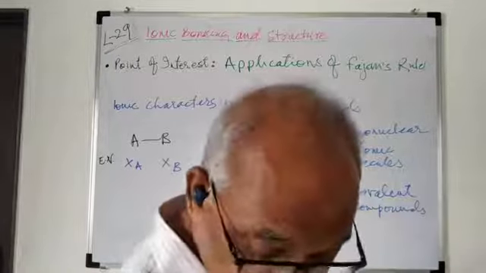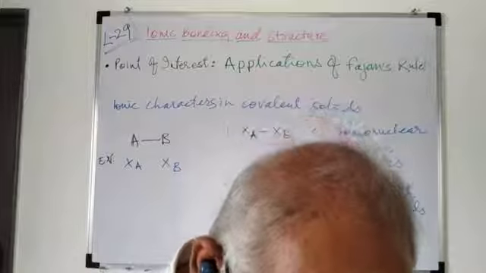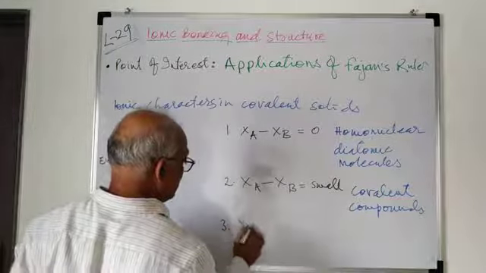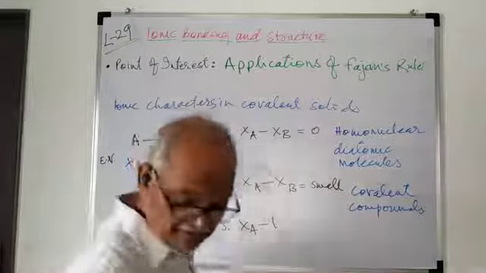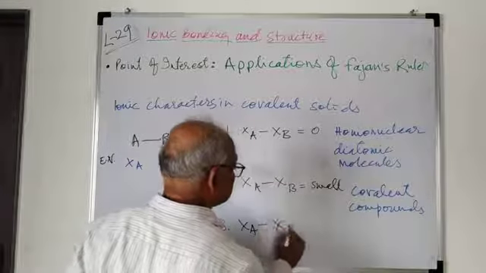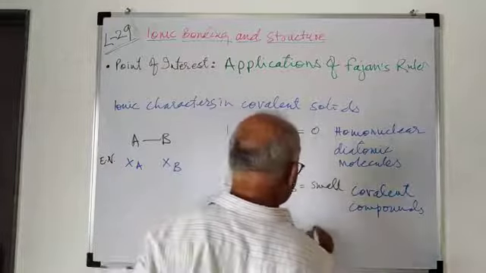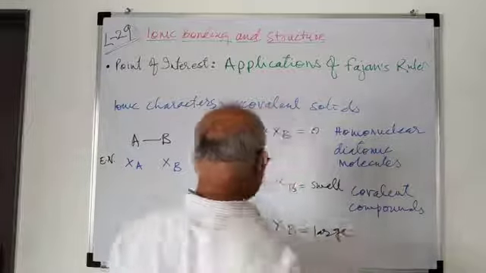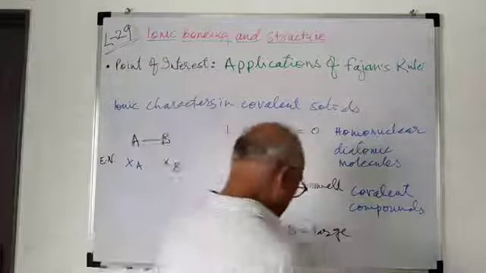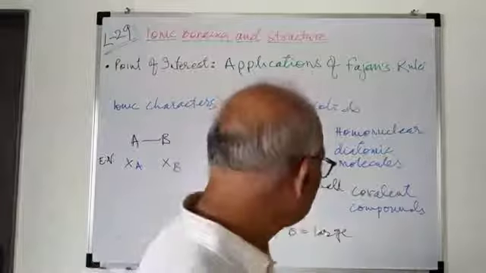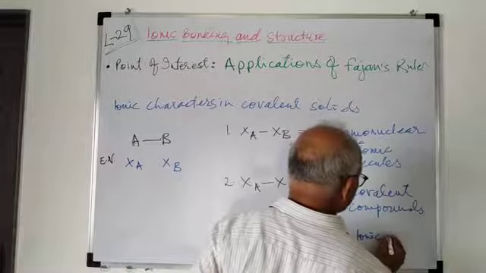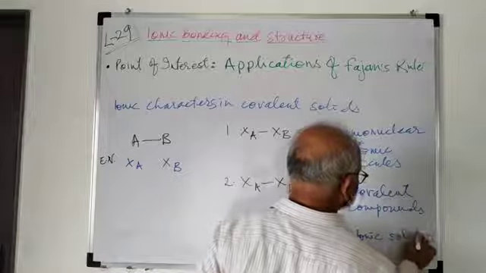And the third condition is when XA minus XB is large, so the electronegativity difference is larger, then such compounds are ionic in nature or ionic solids.